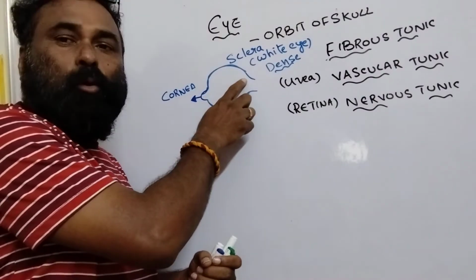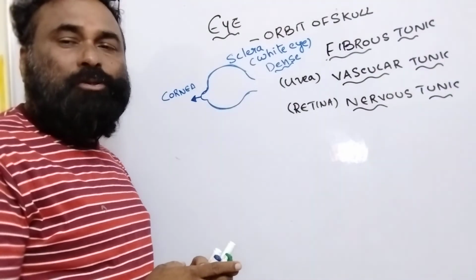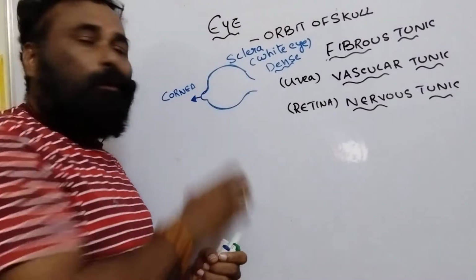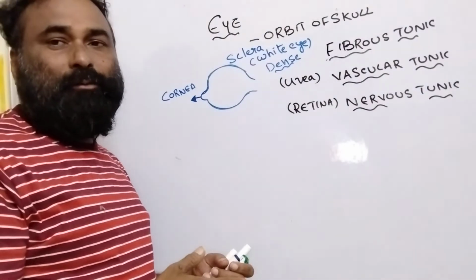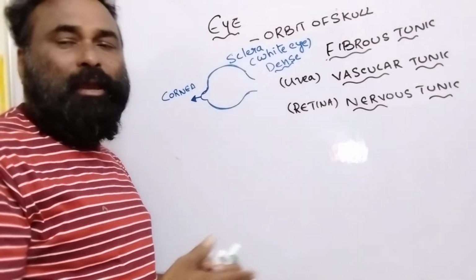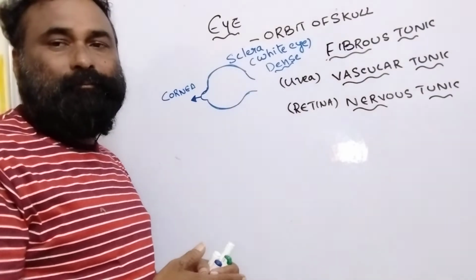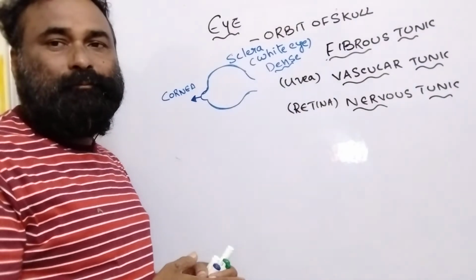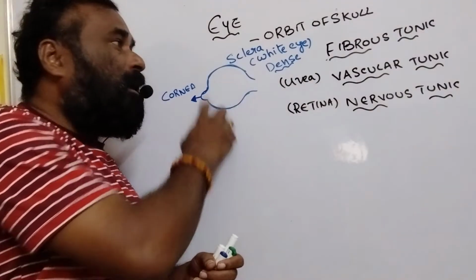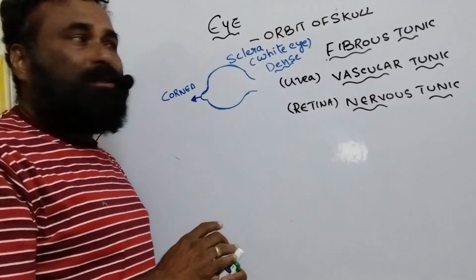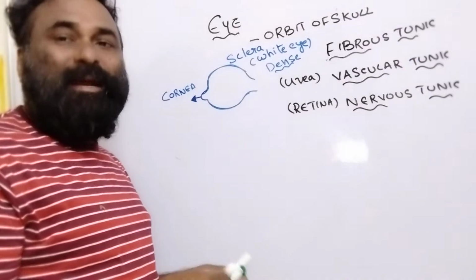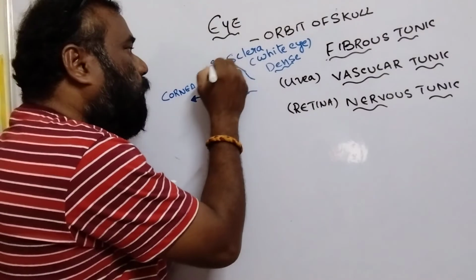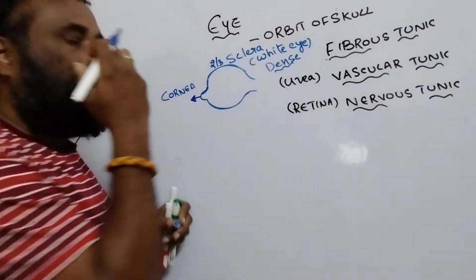The fibrous tunic is dense connective tissue, a non-nutritive area, with no blood supply and no nourishment. The major part of the fibrous tunic is the sclera, which occupies the posterior 2/3.